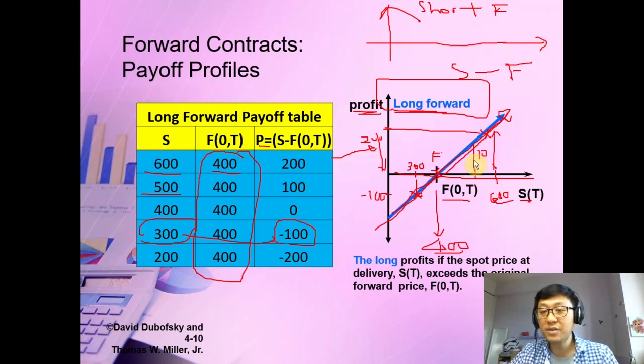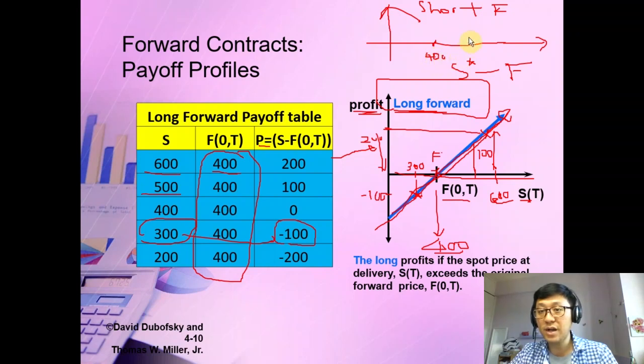Let's say the long forward got a payoff of 100 here, then here you will lose 100. So you might have a point here, and then you also have the similar point over here, at 400.